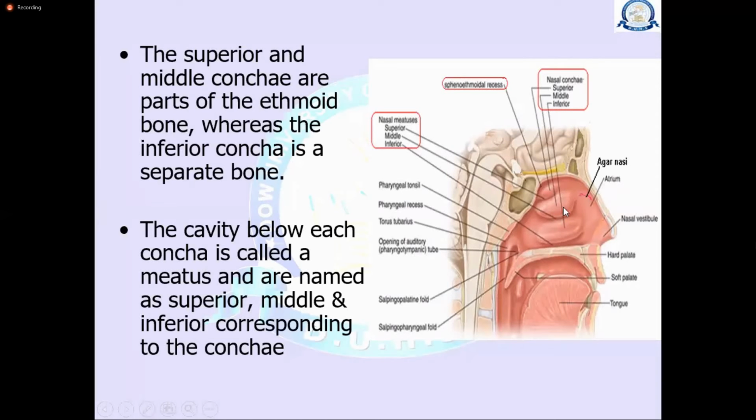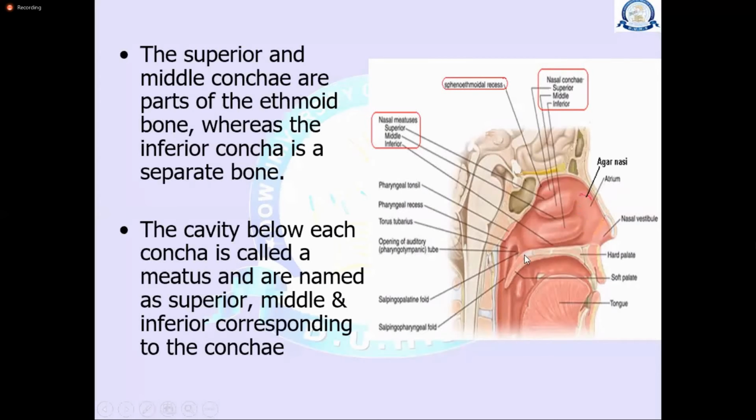This semilunar hiatus has the openings: anteriorly, the opening for the frontal sinus, in the middle the opening for the maxillary sinus, and posteriorly the openings for the middle and the posterior ethmoidal sinuses.